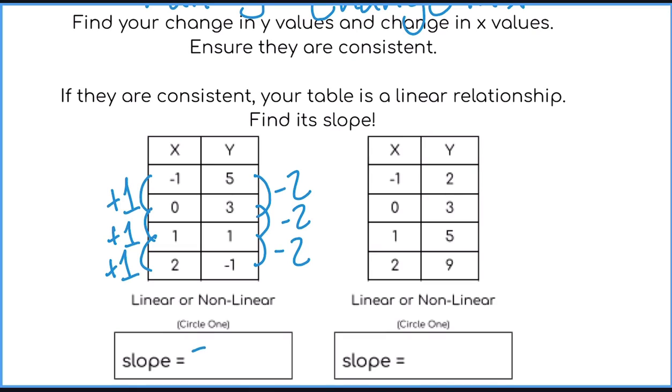So we have -2 over 1, or -2. Is the change in our y values and the change in our x values consistent? Yes. So this is linear.